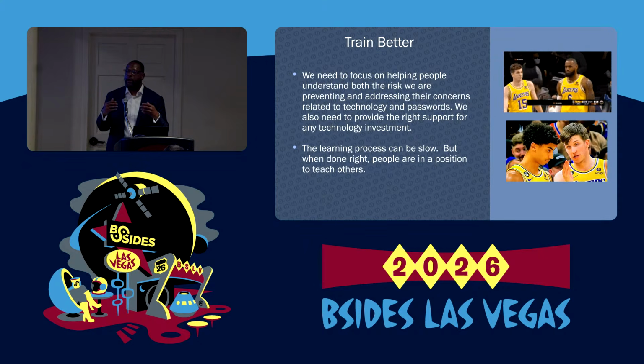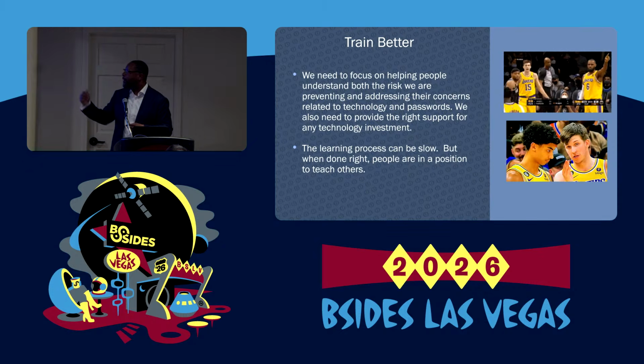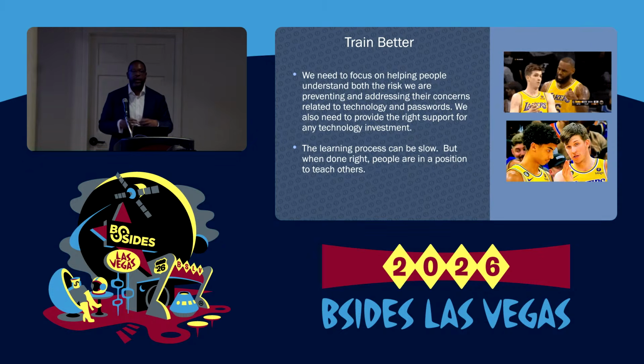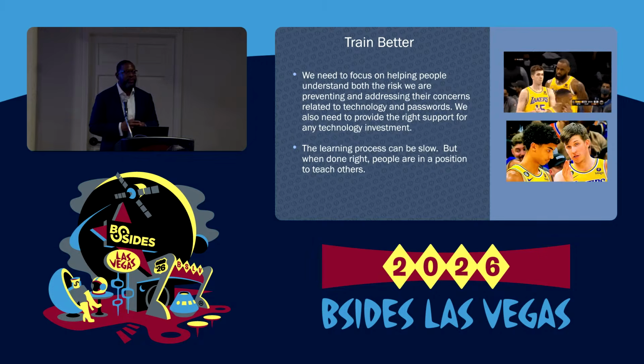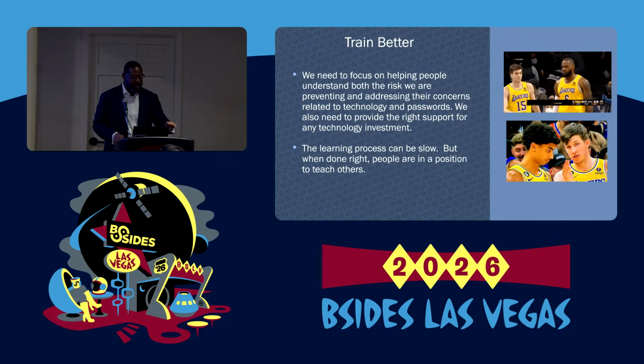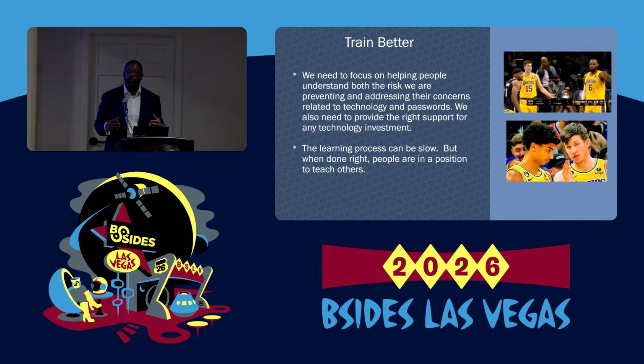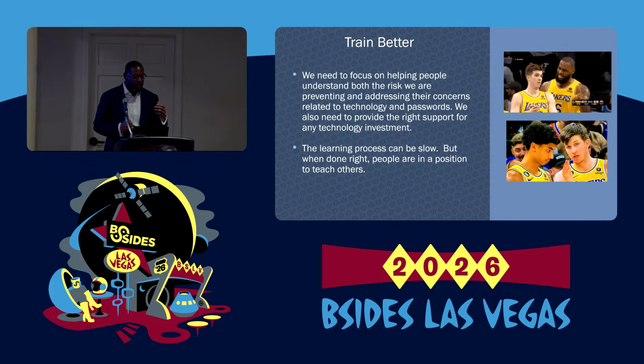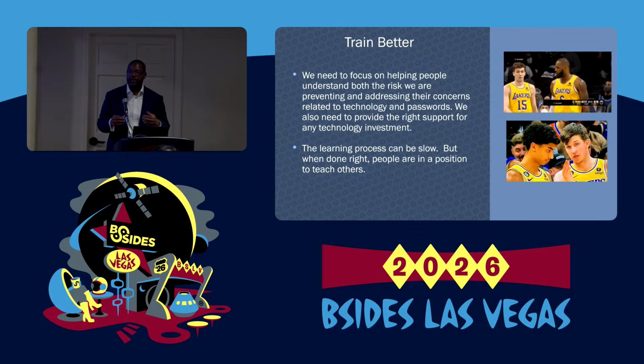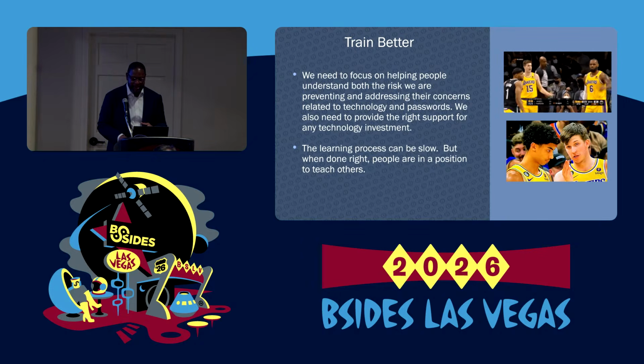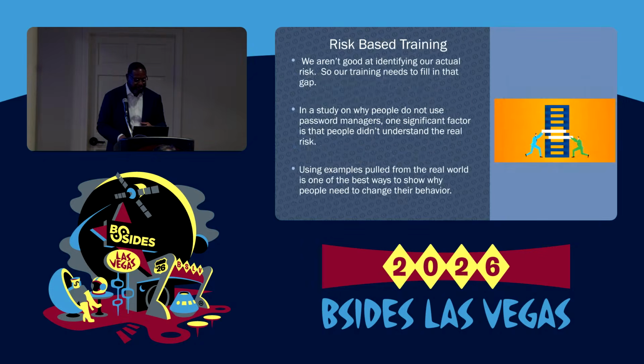So if we are effective at training people who are initially confused, they can learn and they can be the people who are teaching other people. And so we need to focus on helping people understand risk and allowing them to make better decisions and to embrace the technology that we are using.